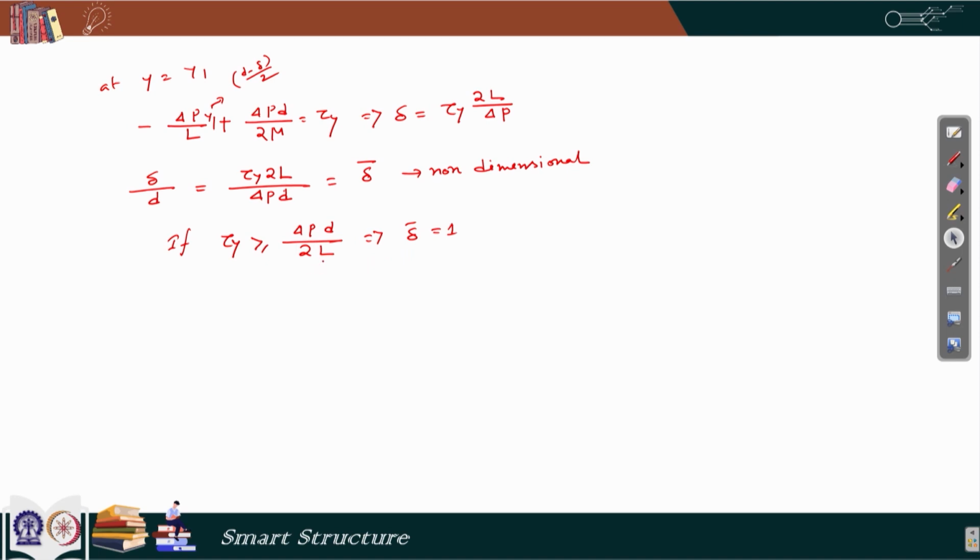That means, if I am given the pressure difference and I want to close the flow by valve action, then I have to apply an electric or magnetic field in such a way that we at least get this amount of tau y, and that blocks the entire flow.